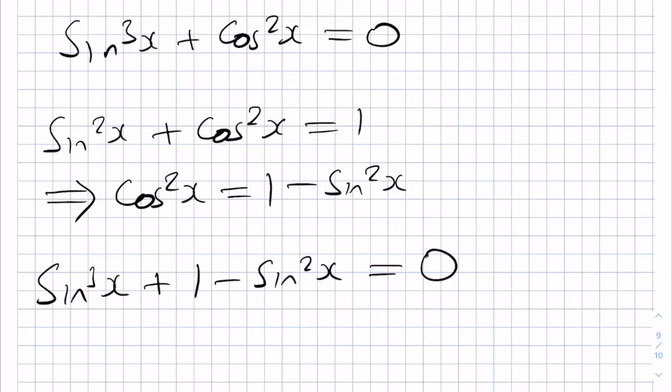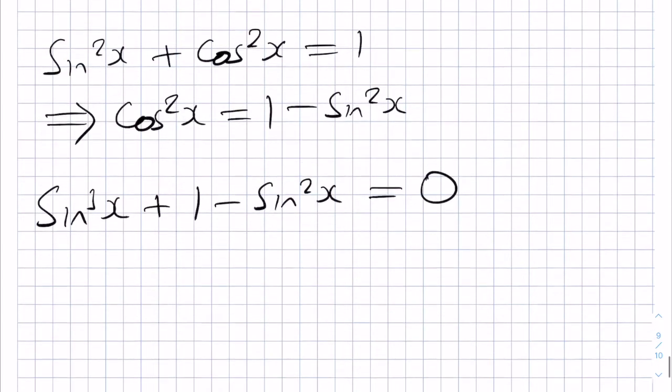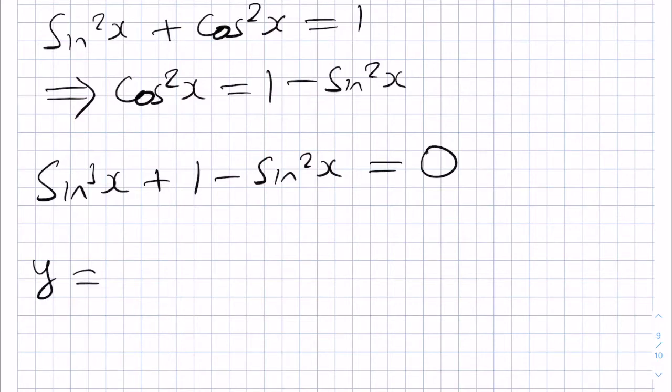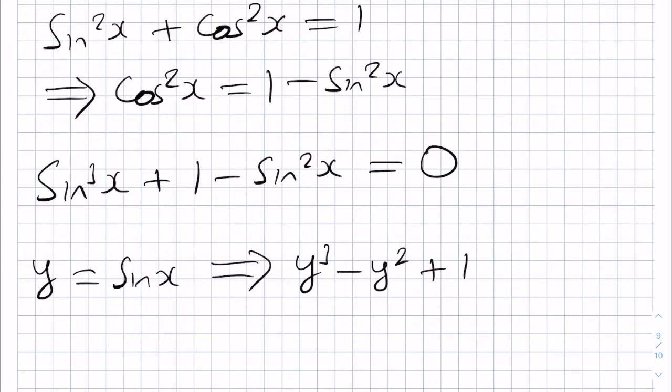Next, we note that this is kind of a hidden cubic. If we write y as sine of x, then the equation becomes y cubed minus y squared plus 1 equals 0. We can first work out how many roots this equation has, and then turn those roots into roots for x instead of y.